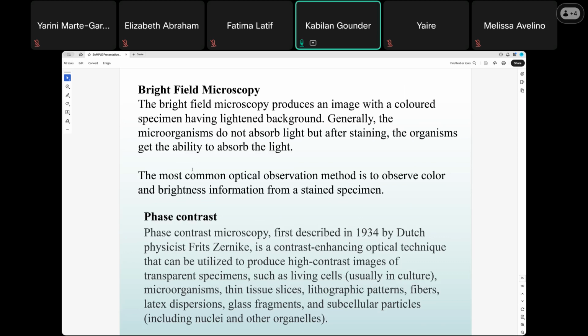Also microorganisms, thin tissue slices, fibers, latex dispersants, glass fragments, and subcellular particles. These kinds of materials you can clearly see through the phase contrast microscope.